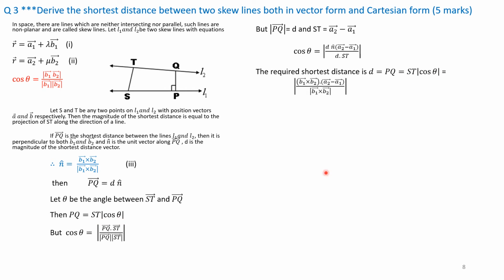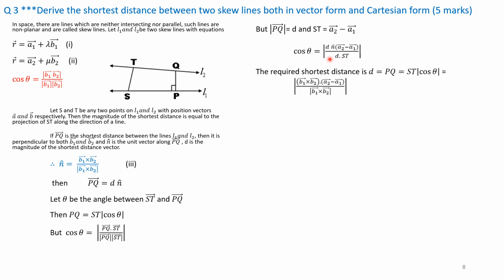So substituting the values, we get B1 cross B2 for n, D in the numerator and D in the denominator get cancelled. This D and this D get cancelled.